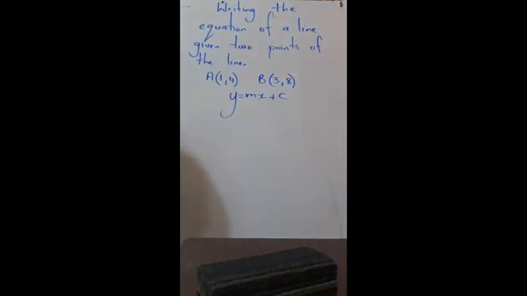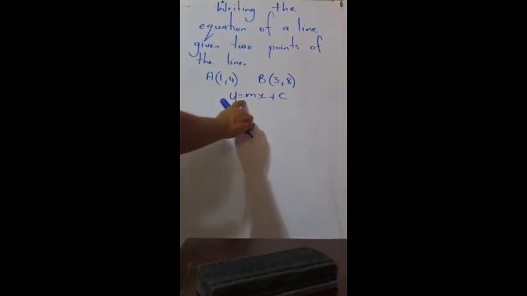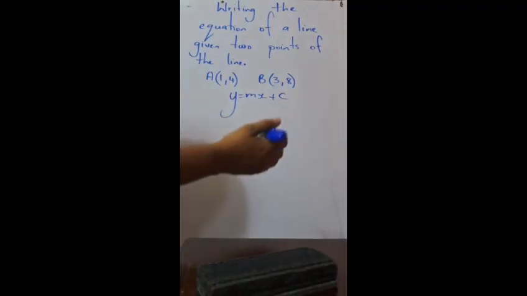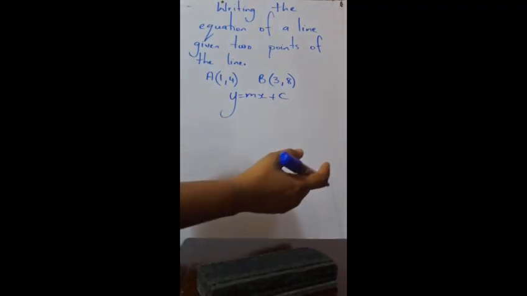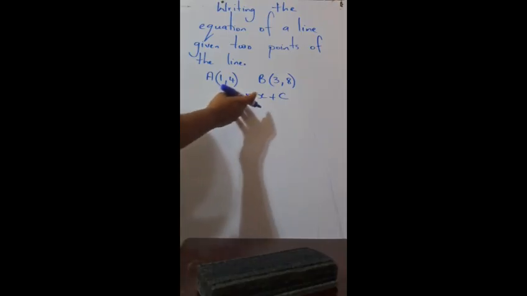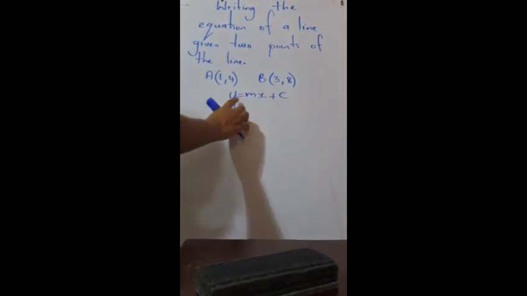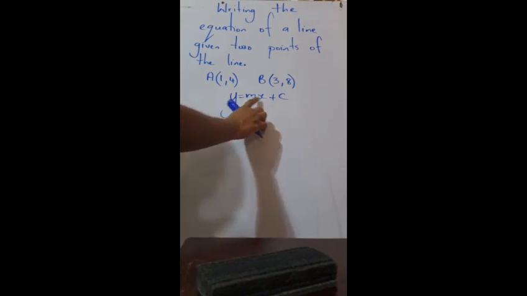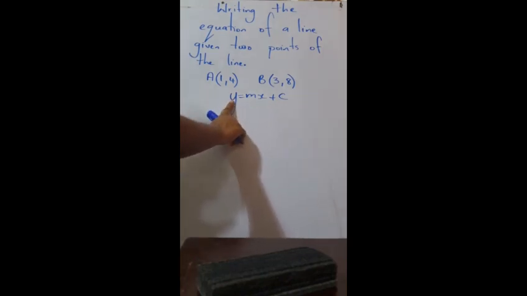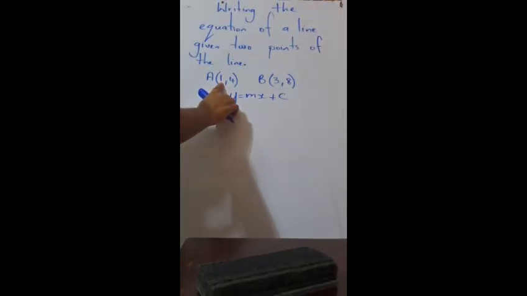So given that an equation should be written in the form y equals mx plus c, I first need to ensure that I know what are the variables being represented here and what they stand for. Your y and your x would have been very familiar to you. X is your input, y is your output. On a coordinate, your first number represents your x value, your second number represents your y.